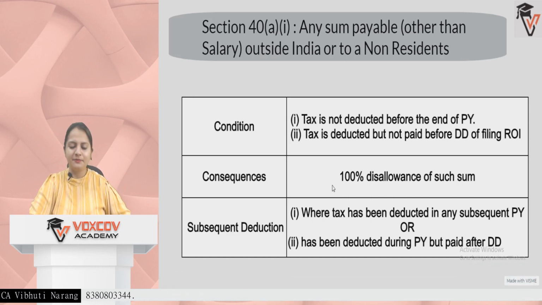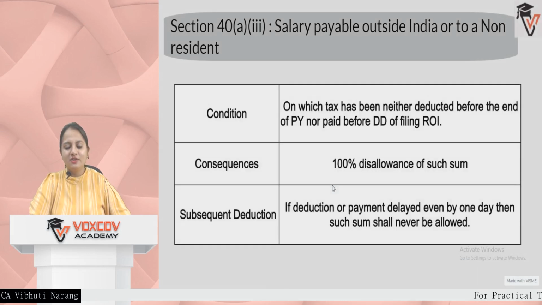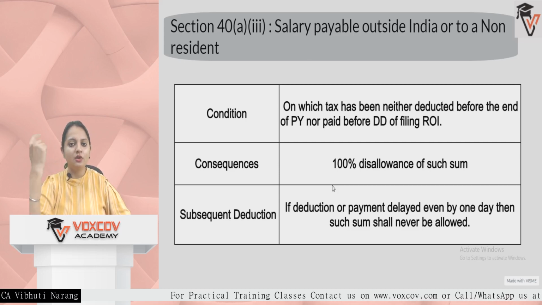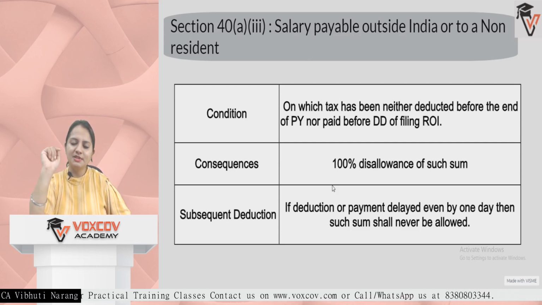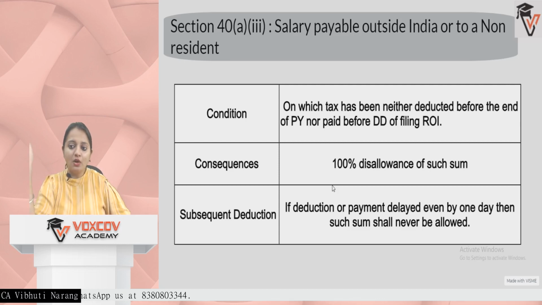Again, the similar section which is there is 40A3, which is salary payable outside India or to a non-resident. Now this is specifically for salary paid to a non-resident or outside India. What happens in this case is the sum on which the tax has to be deducted is neither deducted nor, before the end of the previous year, paid.